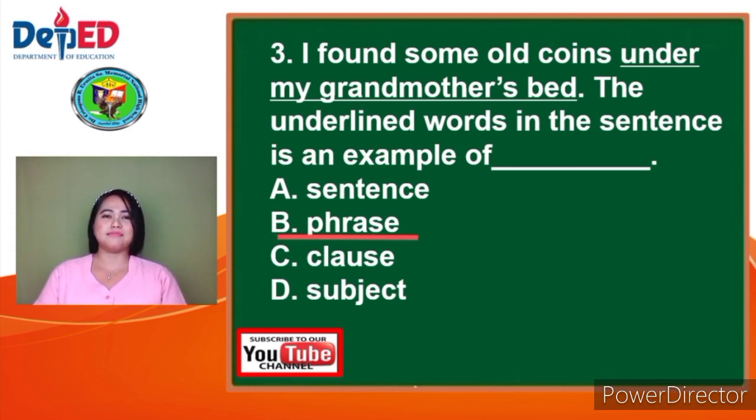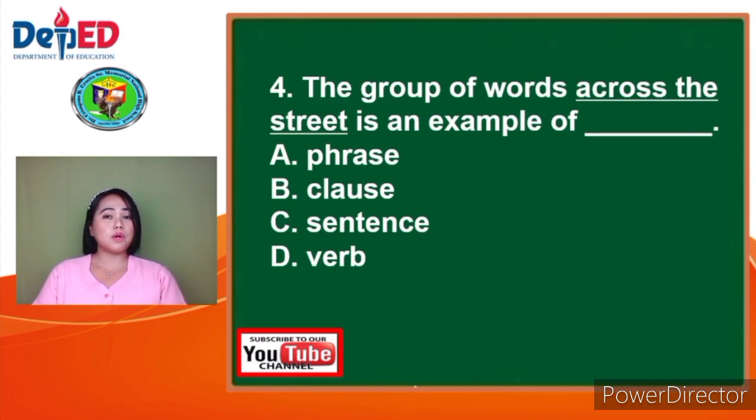Letter B. 4. The group of words across the street is an example of A. Phrase. B. Clause. C. Sentence. And D. Verb. And it is a phrase. Letter A.